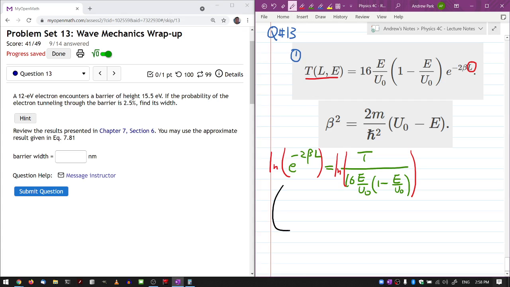So solving that for L gets me minus 1 over 2 beta times the natural log of T over 16 E over U naught times 1 minus E over U naught.